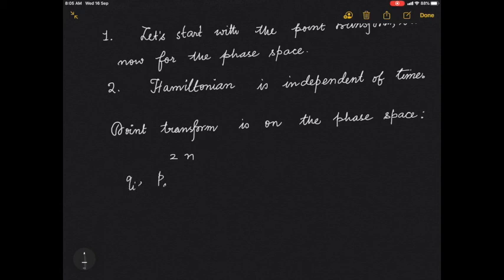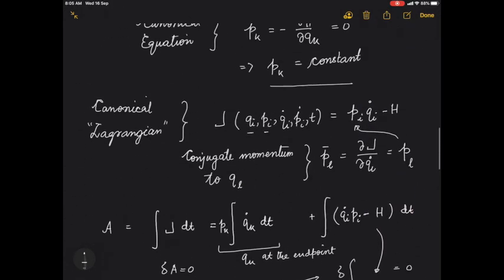which means I have these 2n coordinates qi and pi. I call them collectively coordinates. I'm not writing the time explicitly because we have assumed that the Hamiltonian is independent of time. And these are going to 2n, say capital Qi and Pi.